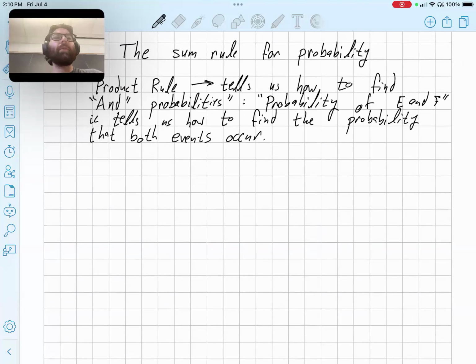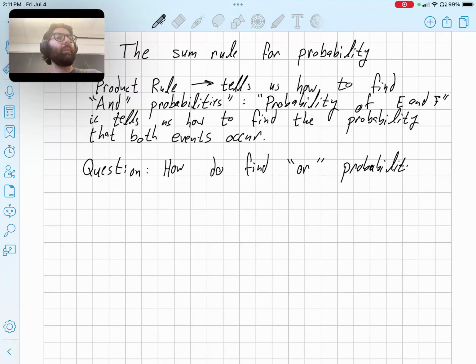Now the sum rule tells us how to find "or" probabilities. So the question is, how do we solve something like the probability of E or F?